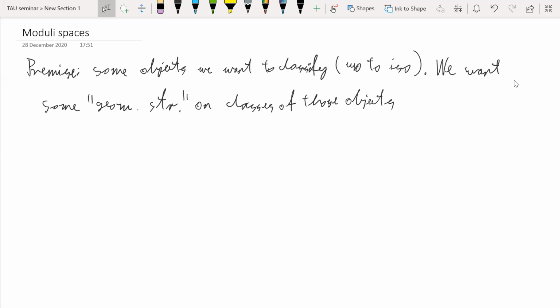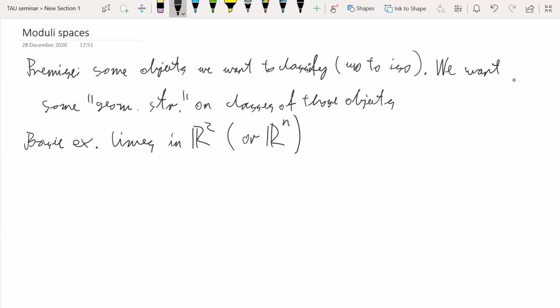And if you already know something about it, then you might know that this space classifies lines, in this case in R squared, or more generally in the space R to the n. Okay. So the situation is this: we have some plane.